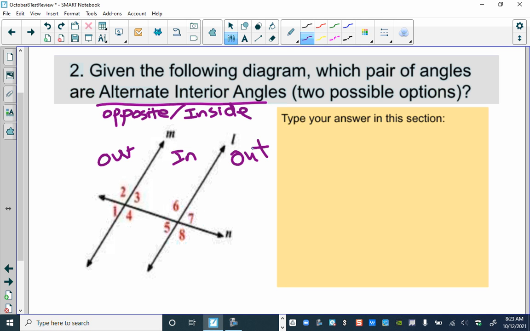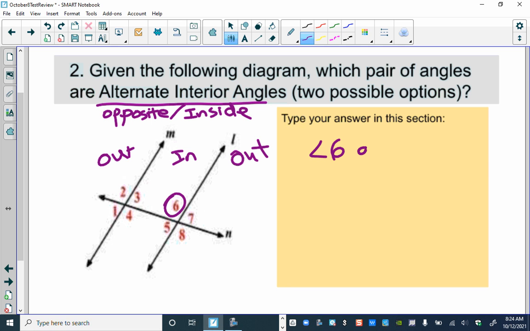Somebody pick an angle that's inside the two parallel lines. Pick any one of those 4 angles. Pick any one of them. Pick any one of the 4 angles inside between the 2 parallel lines. Who could pick? Okay, that's a good start. So angle 6.